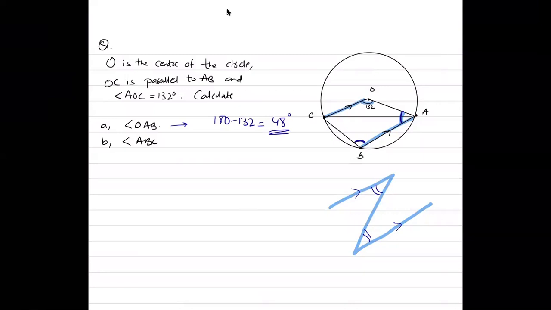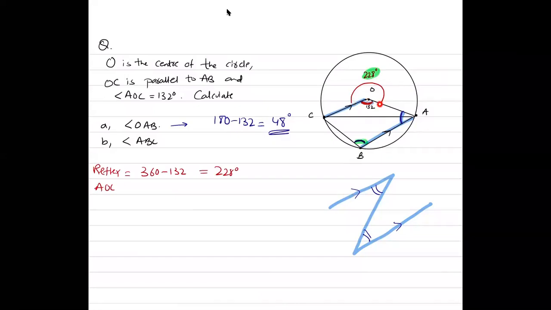Do you remember that this angle is 132, then you can find reflex angle. It is going to give you reflex 360 minus 132 is 228 degree.